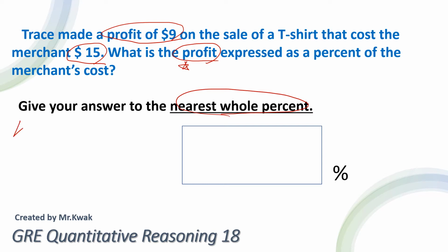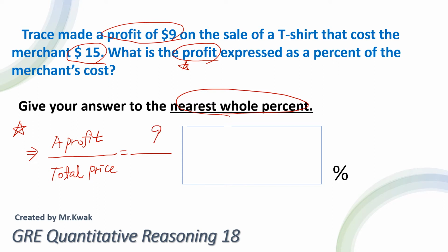So from these factors, we can think about our own formulation. First of all, there could be the total price, which means literally the t-shirt price. And then we can also think about the profit, which means $9, the profit that Trace made.